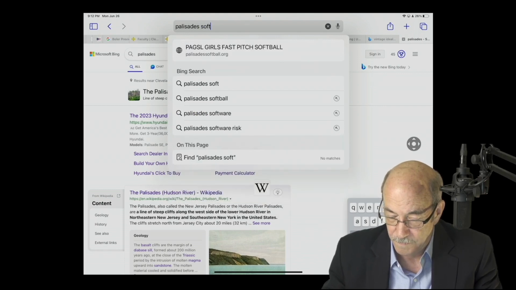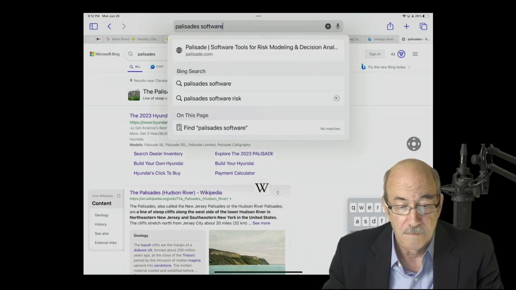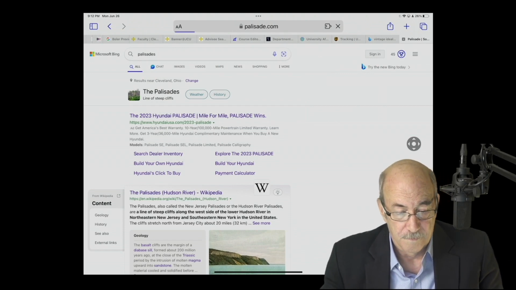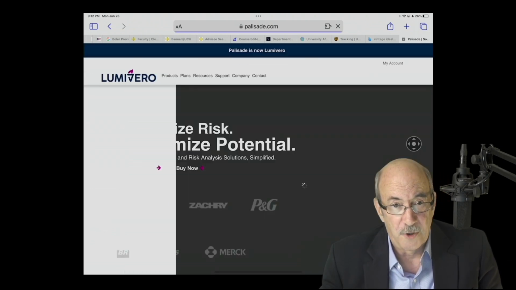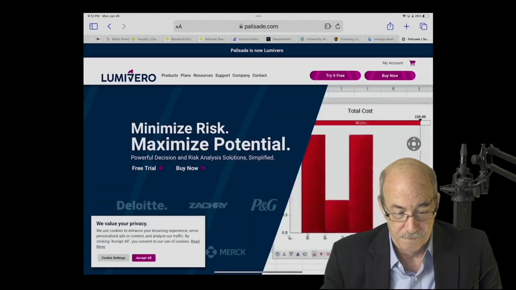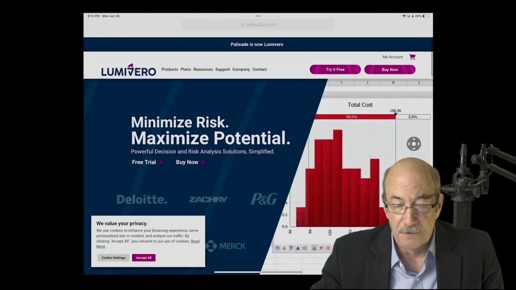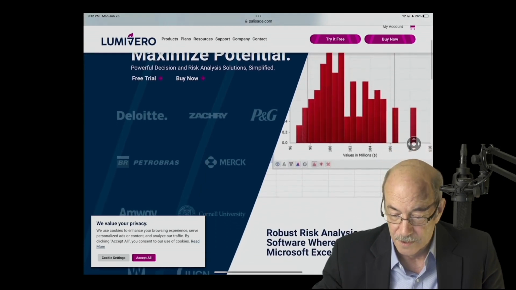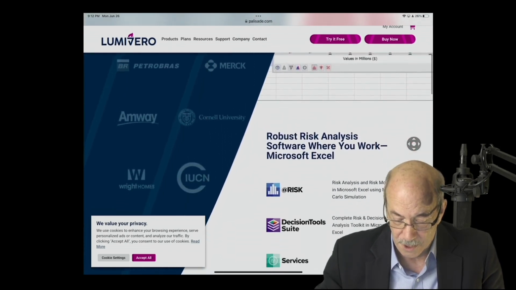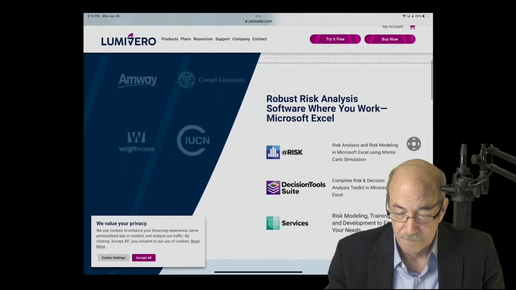Software. There we go. I forget if it's Crystal Ball or At Risk. They are now Lumavero. And yeah, it's At Risk right here.